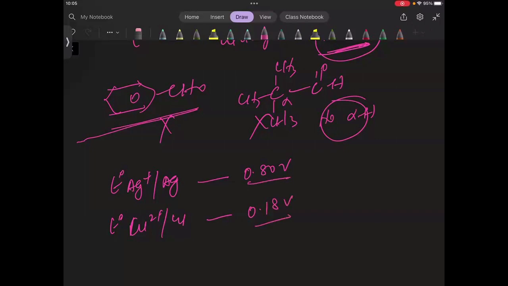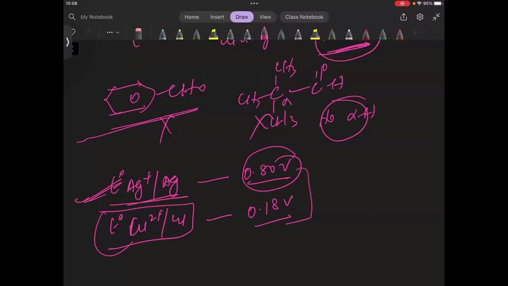So you can see there is a high value, and as you know from electrochemistry, a species which has a high positive value is a good oxidizing agent, and one which has a low, meaning more negative value, is a good reducing agent. So of course this reagent is a stronger oxidizing agent as compared to copper. So I hope you understood how you can say that Tollen's reagent is a stronger oxidizing agent than the Fehling solution. You can see that from the electrode potential.